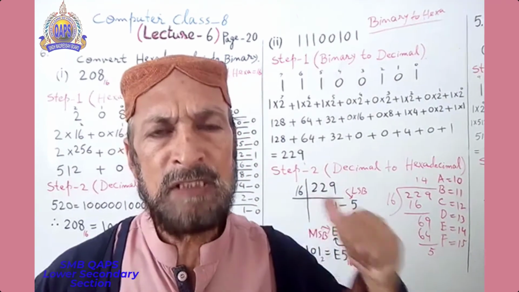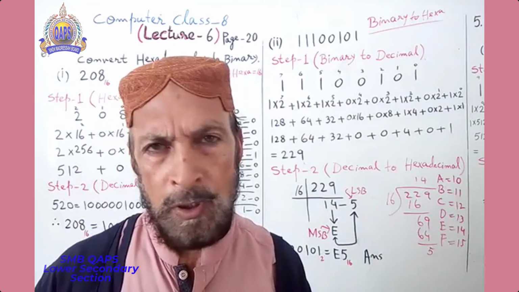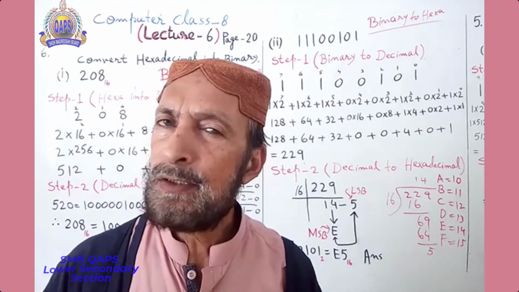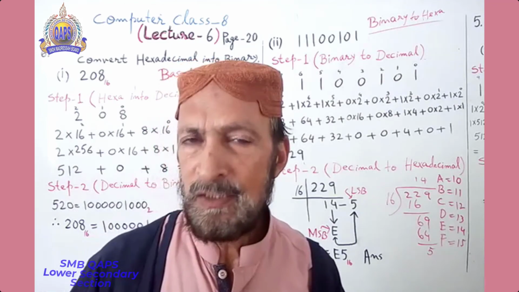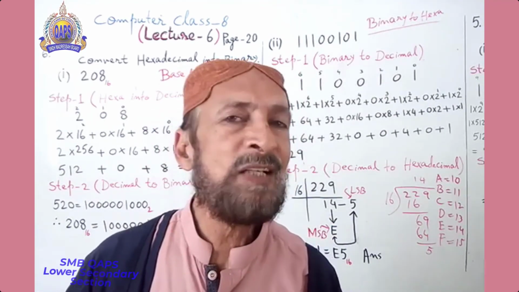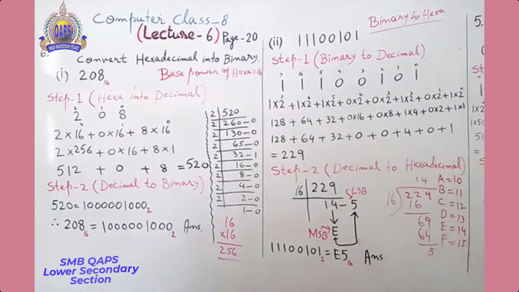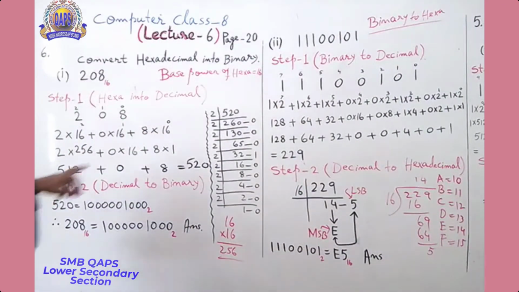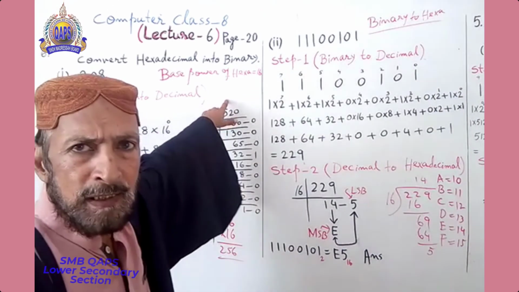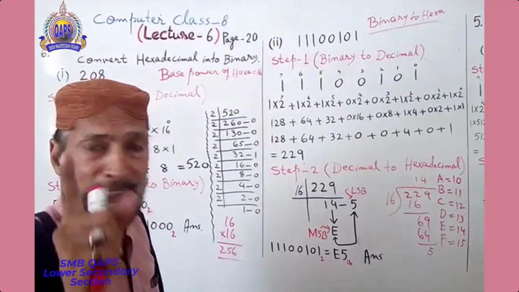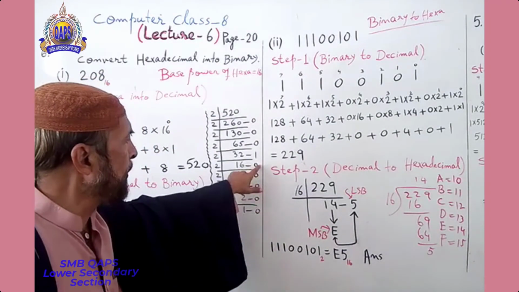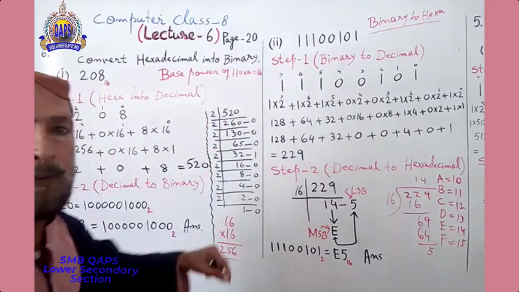Many times I have done all these things, so you know it, you learned it. I don't need to say it again and again. Now, have a look at the calculation. 520, which is the decimal number, is equal to the binary number 1 0 0 0 0 0 1 0 0 0. I wrote it over here.